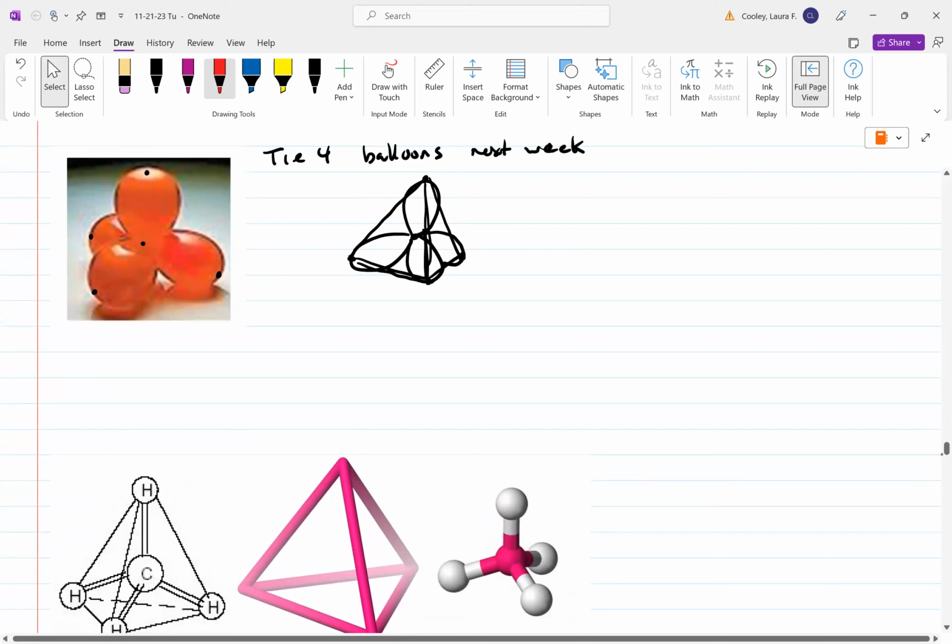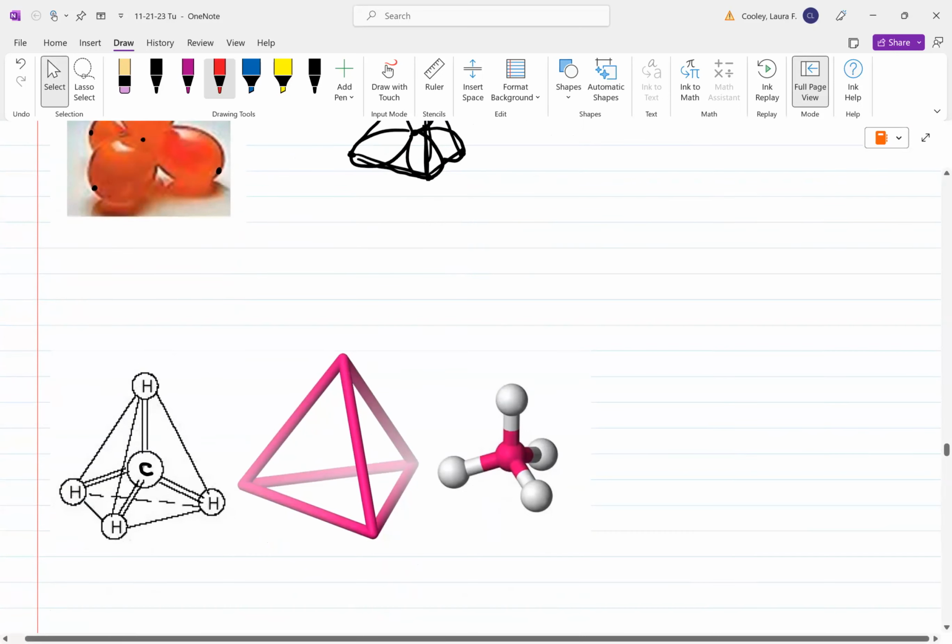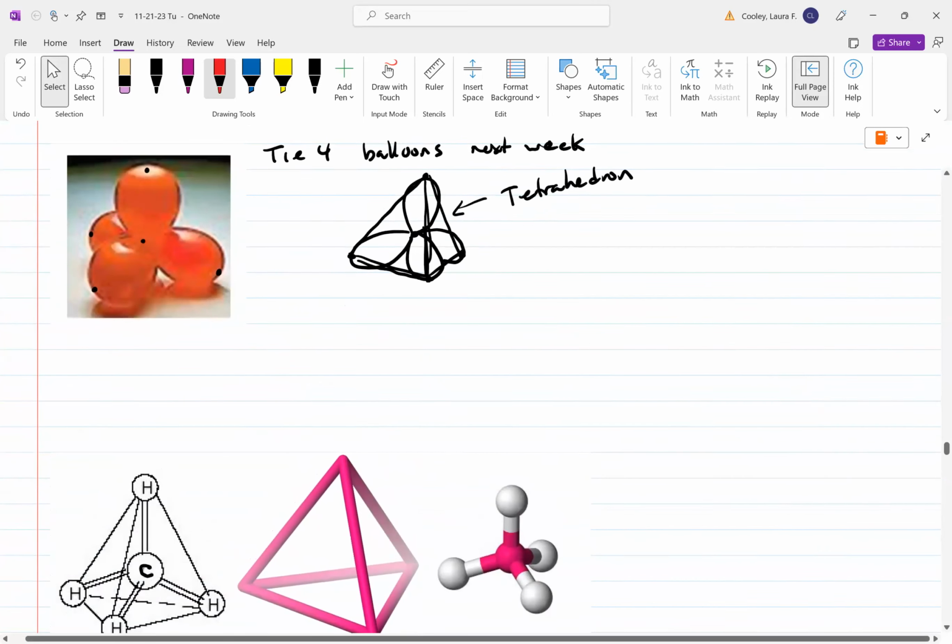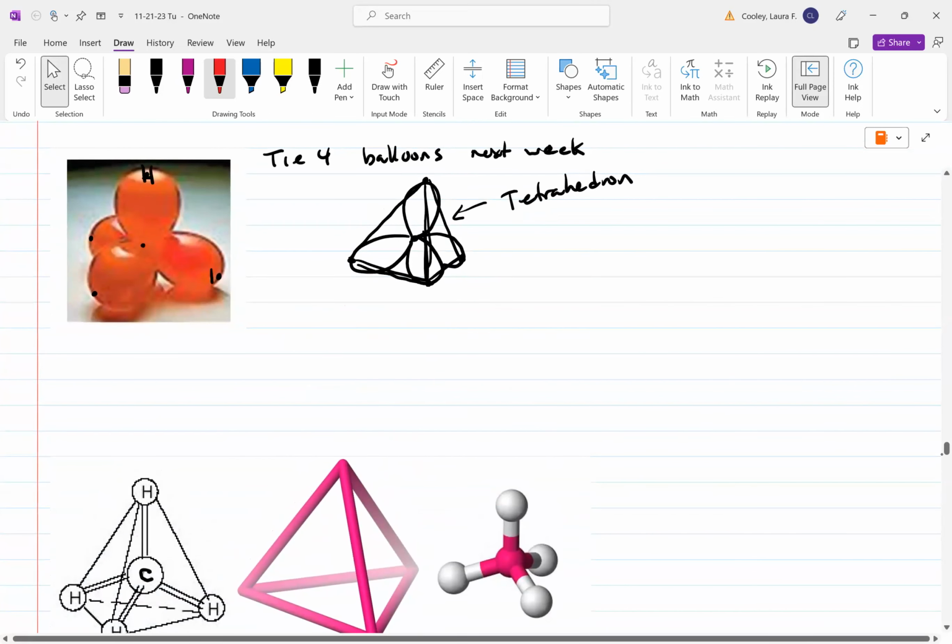This is a geometric figure called a tetrahedron. And the carbon is in the center of that structure. And the hydrogens would be at the ends of these balloons. That's where the hydrogens would be, with the carbon in the center.